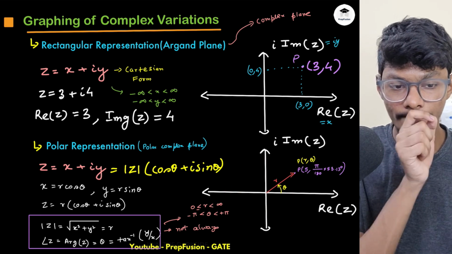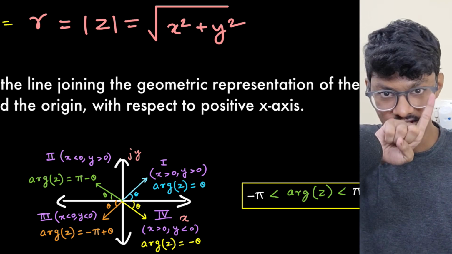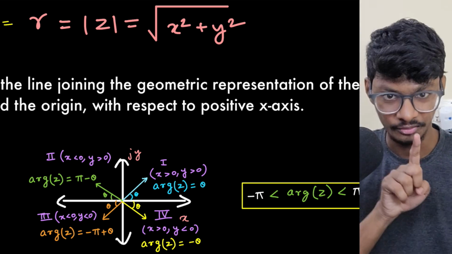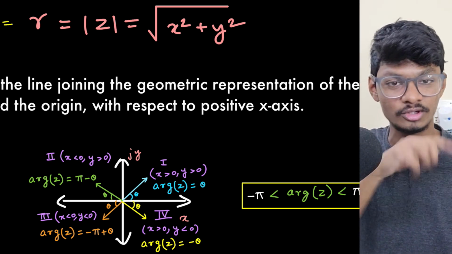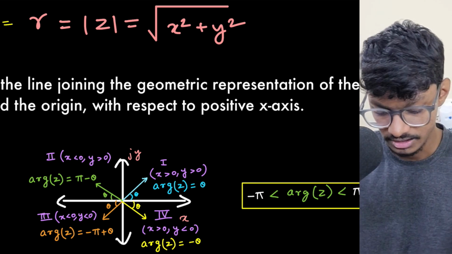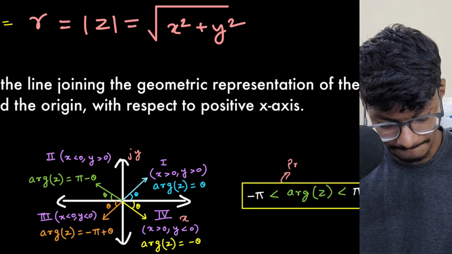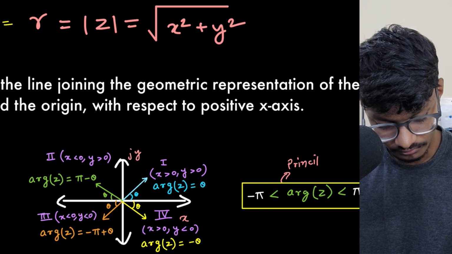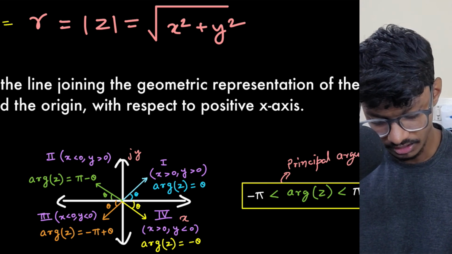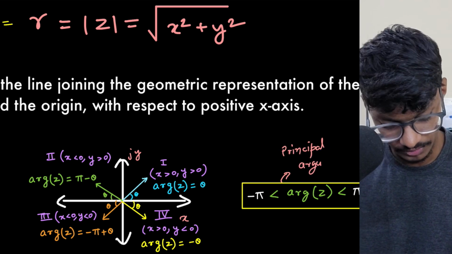So we talk about the principal argument. That is once-only rotation. We don't rotate again and again, because if we rotate a full circle, we get back to the same place itself. So our principal argument should lie between minus pi to pi.